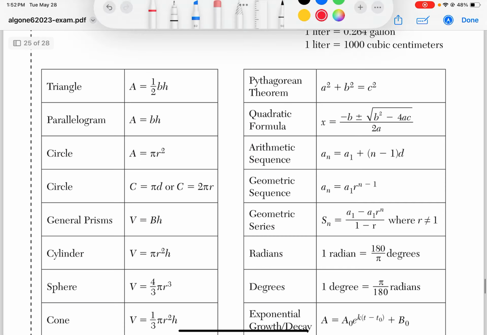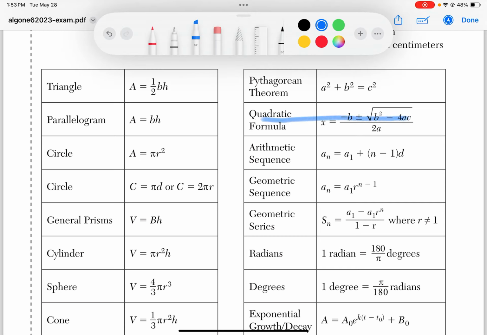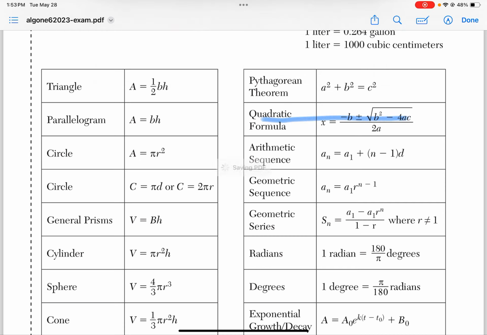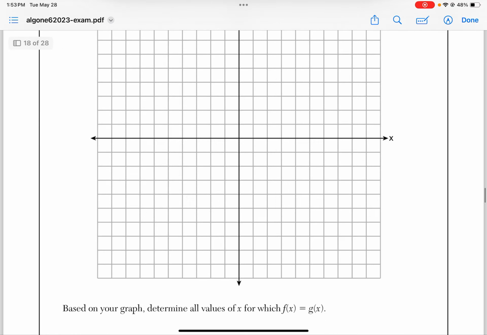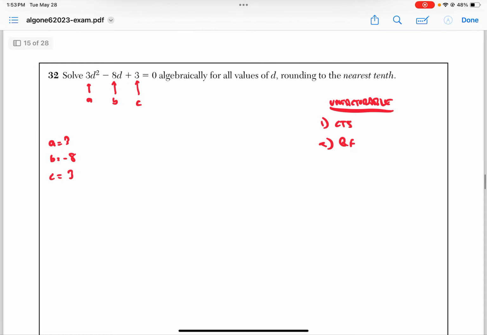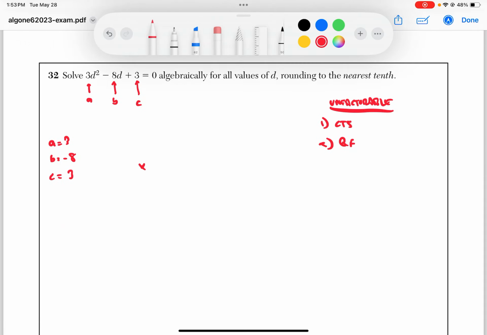It's right here, laid out for us. So I'm going to go remember what it was real quick. Go back to my problem. It's negative b plus or minus the square root of b squared minus 4ac all over 2a.